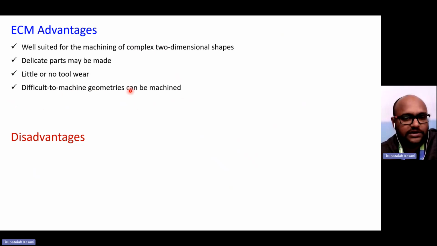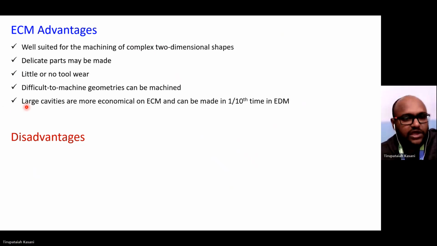Large cavities are more economical on ECM and can be made in one-tenth the time of EDM. See here, the advantage of ECM: large cavities are more economical and can be made in one-tenth the time, means time saving and economical, both.